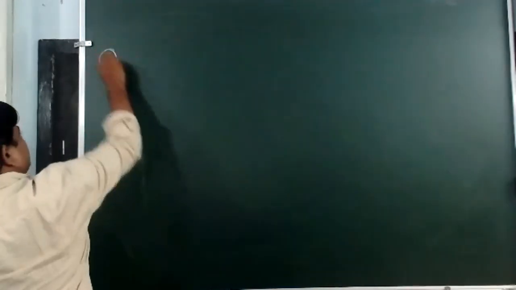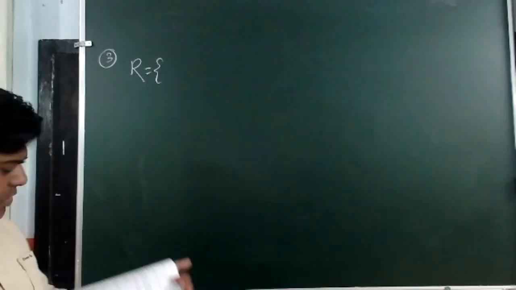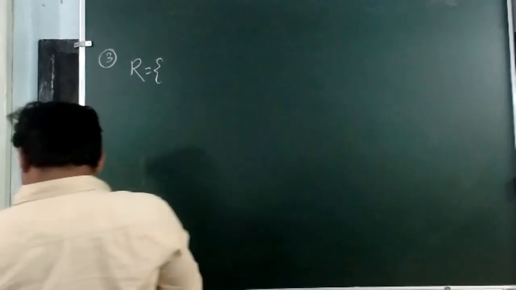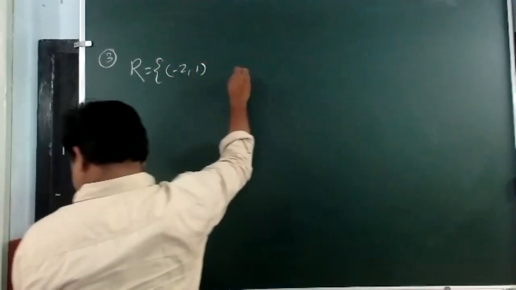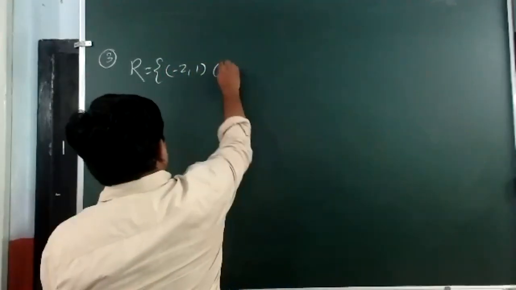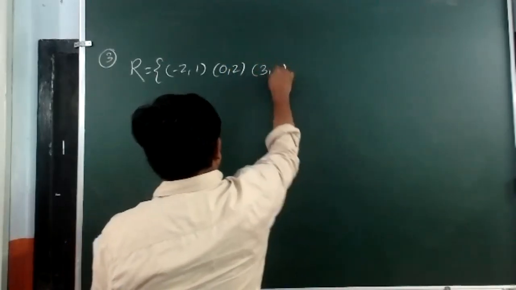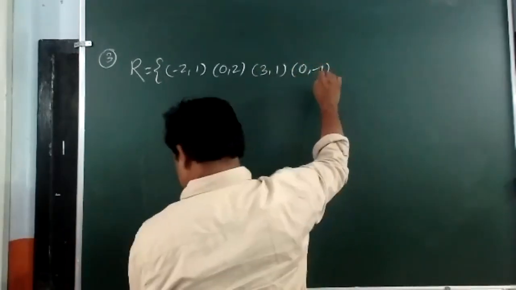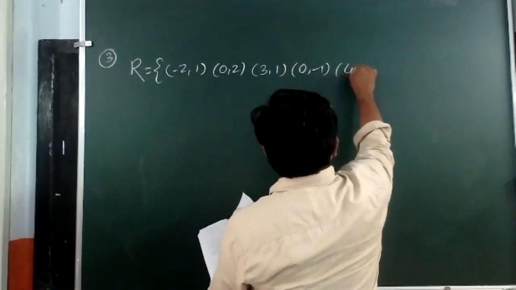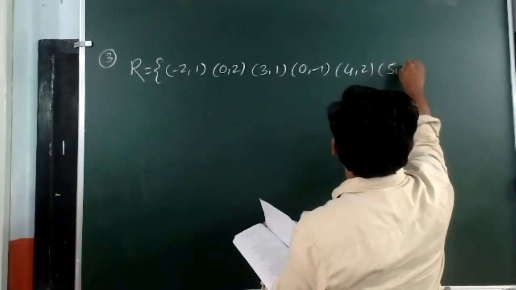Now see, question number 3 is there. Actually, one relation has been given in roster form: (-2, 1), then (0, 2), then (0, -1), then (4, 2), and then (5, 1).